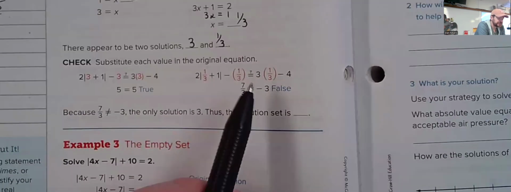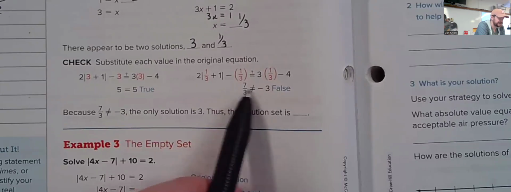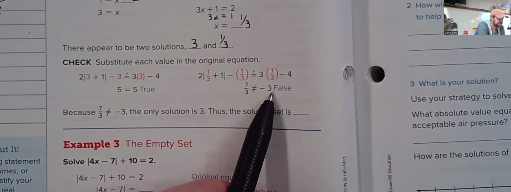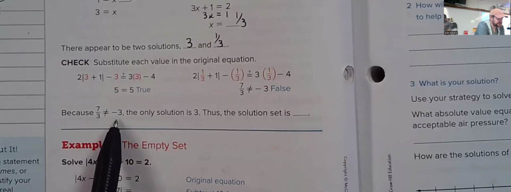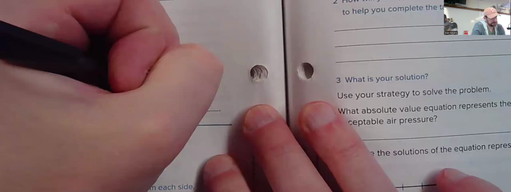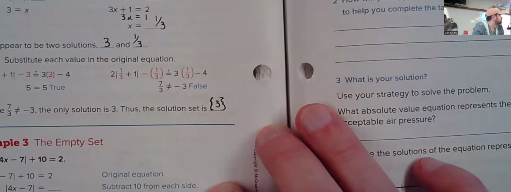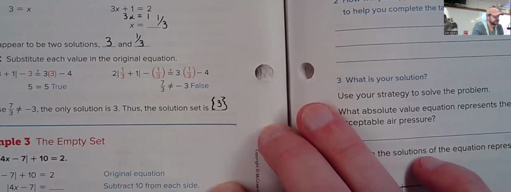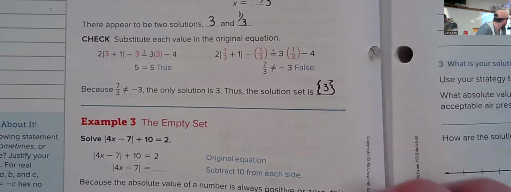So 3 times 1/3 is 1, 1 minus 4 is negative 3, which is not equal to 7/3, which means those 2 sides don't match up. 7/3 is not equal to negative 3, which means the only solution is 3. Thus, the solution set is 3. Only one answer. One of our possible solutions didn't work.